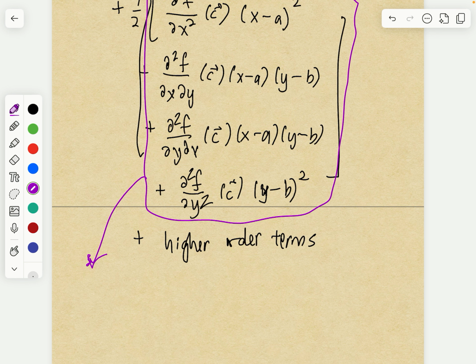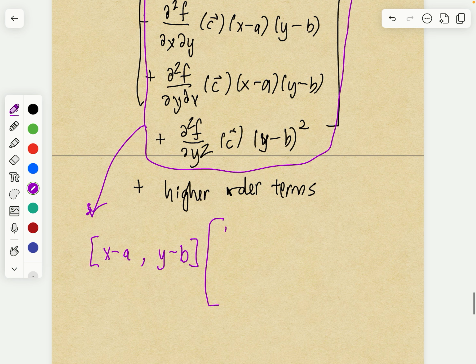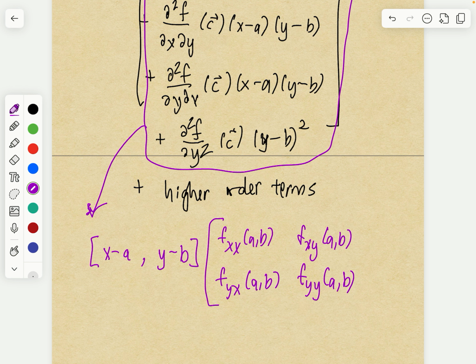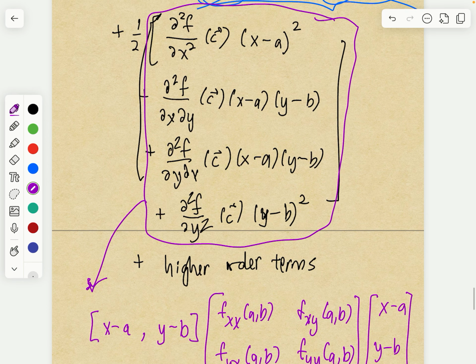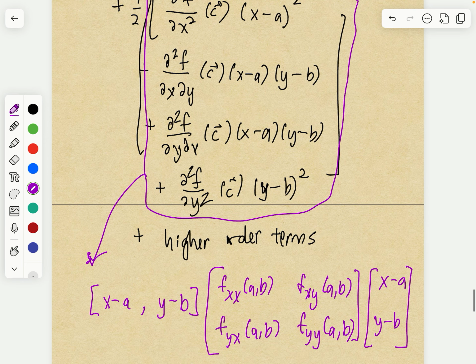It's the same as what you get when you take this matrix, x minus a, y minus b, multiply it by this matrix, and then this. That's what this thing that I put in the box is. So this matrix, that's our Hessian matrix.